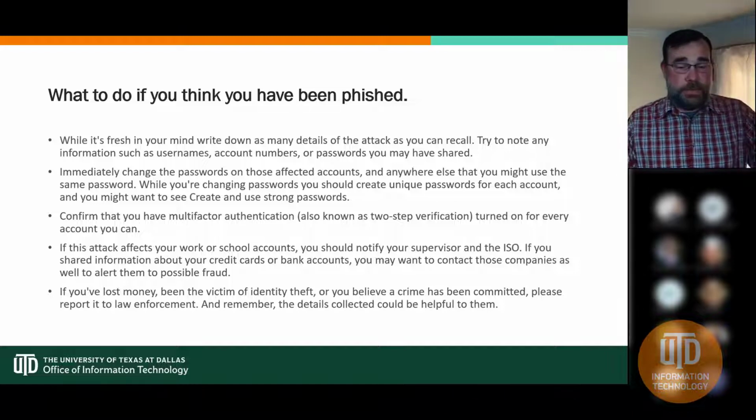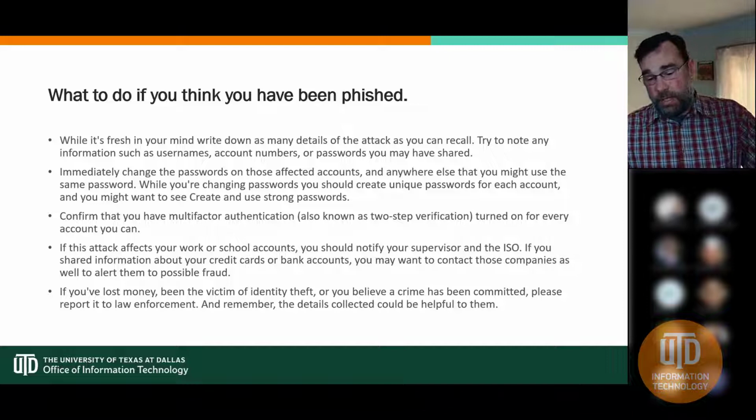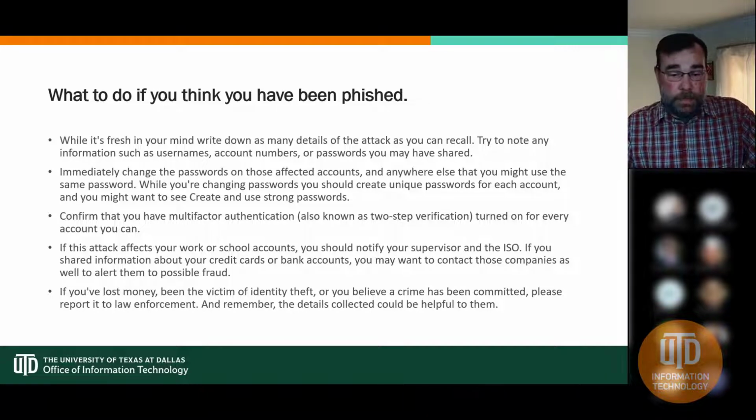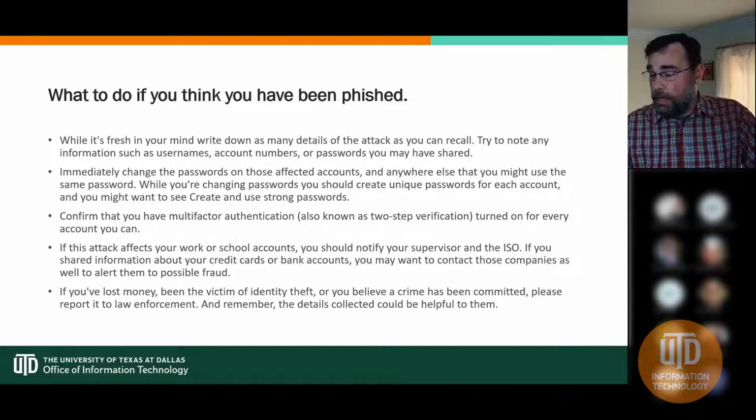So the first step is to collect information. If you're involved in a phishing scam, keep copies of emails as they come in. They can be forwarded as attachments so that we can take a look at the headers and get some information about where the emails came from. If you believe your account has been compromised, it's very important to change passwords to accounts, and this counts for personal accounts too.